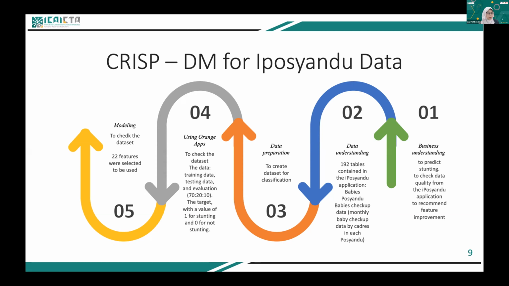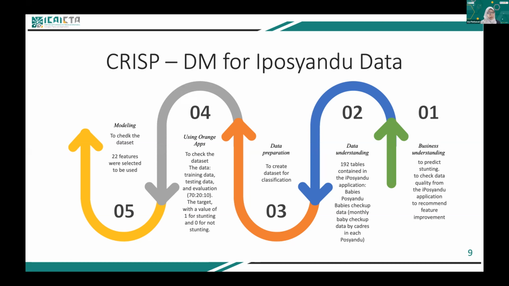In data preparation, we have to produce the data set that is good enough for classification modeling. But in the process, I faced many challenges because the data is very huge and there is a lot of data that I have to clean.